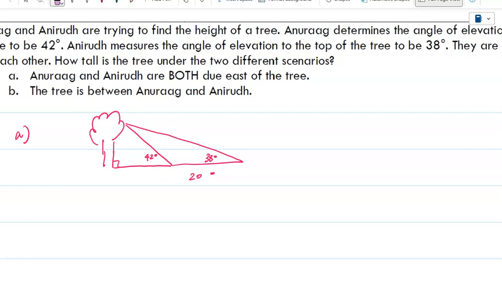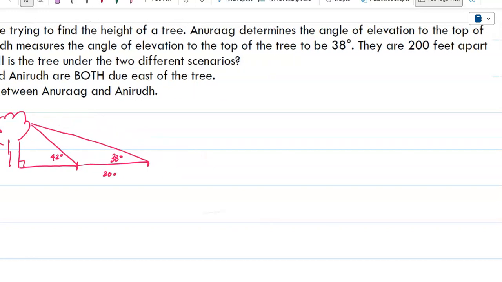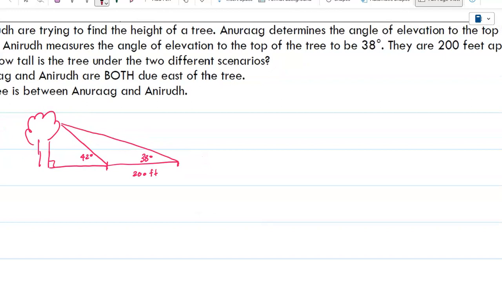Not 200 degrees, but 200 feet. That extra distance creates, and those angles are not even to scale, but I just picked a point right here, where it should actually be here, on that tree perpendicular to this.